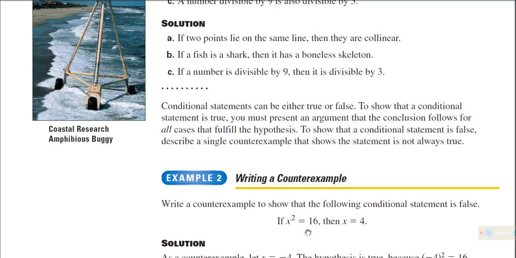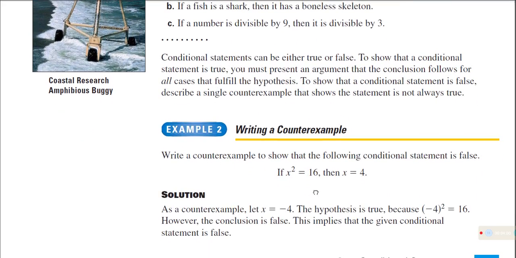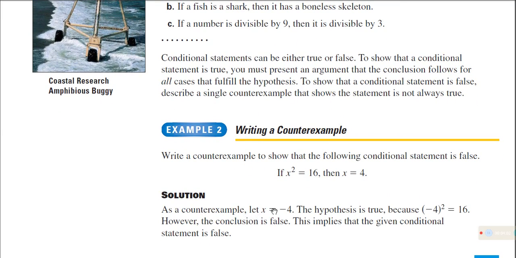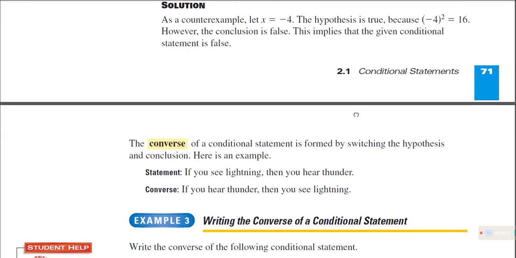So, if you square negative 4, you will end up with 16. So, as a counterexample, let x be equal to negative 4. The hypothesis is true because negative 4 squared is equal to 16. However, yung conclusion mo is false. Kasi, ang nakalagay sa kanya, positive 4 lang. Pwede rin si negative 4. So, this implies that the given conditional statement is false.